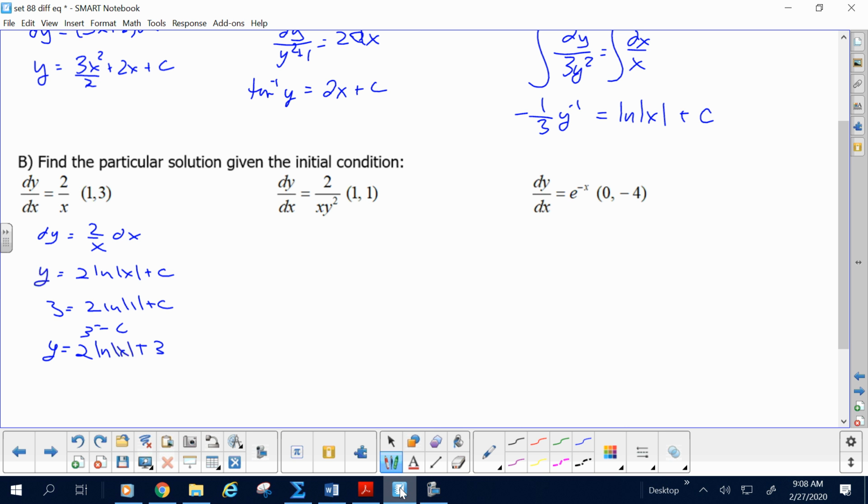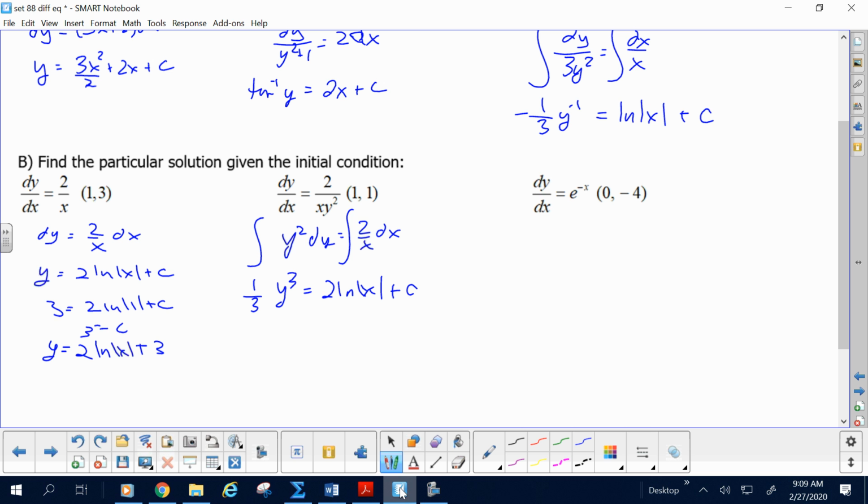Just finishing up, it looks like. Ms. Brown, for the second one, what'd you get for your separation of variables, please? y squared dy is 2 dx over x. I agree. Okay. Abby, what'd you get for your antiderivatives for the second one? 1/3 y cubed equals 2 ln x.